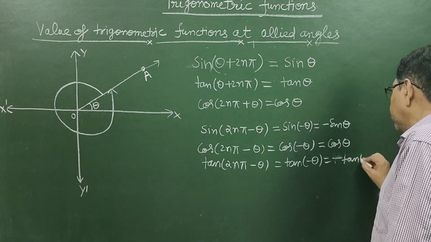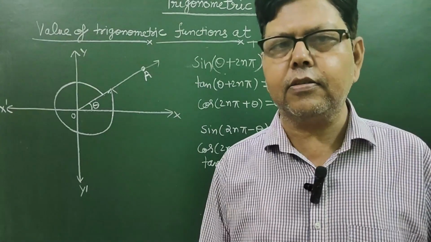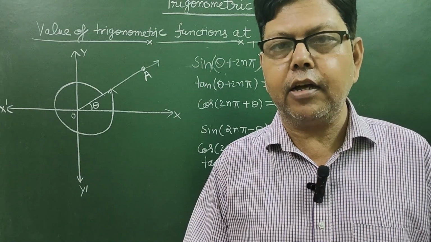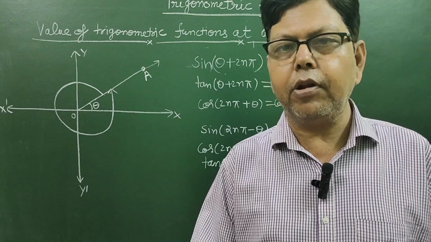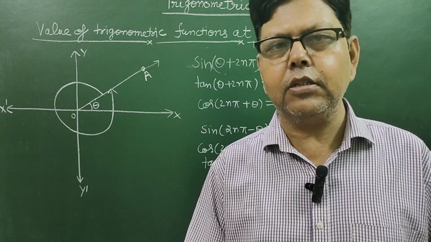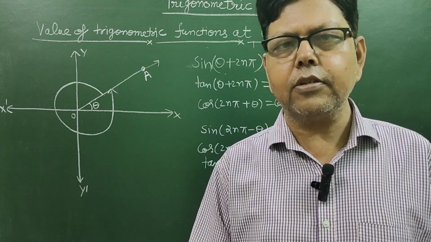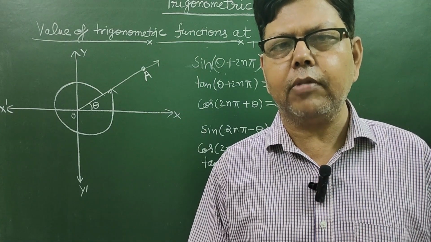So if we want to evaluate an angle greater than 2 pi radians, we can write it in the form of some multiple of 2 pi plus some angle, and then it can be easily evaluated. I will illustrate this method by taking some examples.